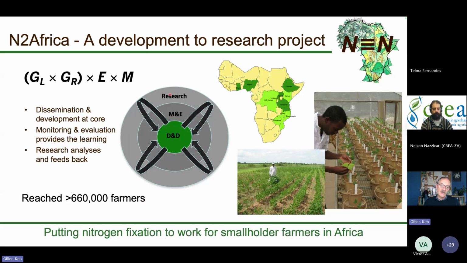That took us into research to actually understand what was working and what wasn't working, to create these feedback loops to improve productivity when we encountered problems in the field. And I'll give an example of that as we move forward.